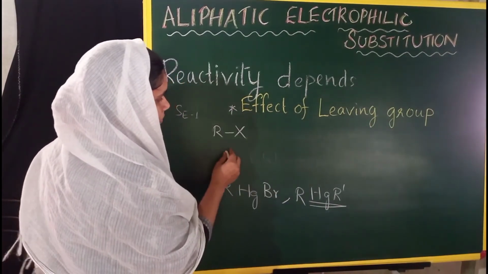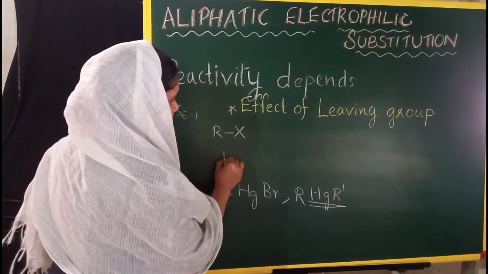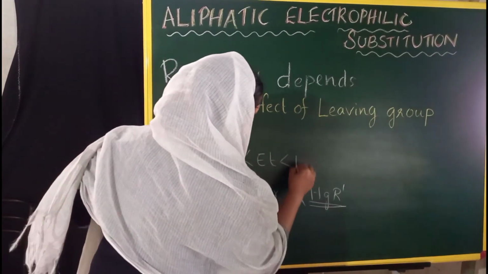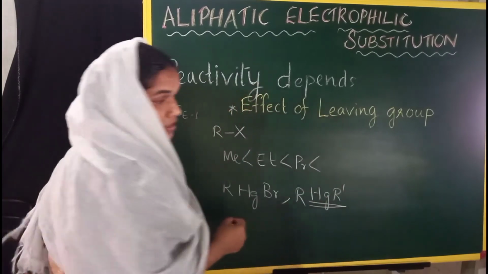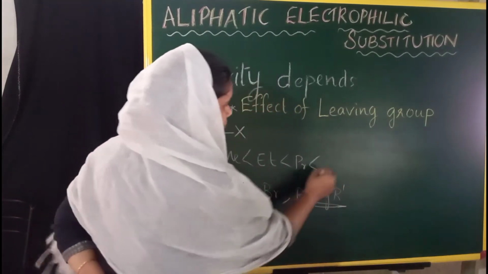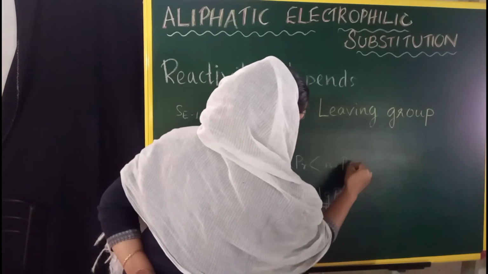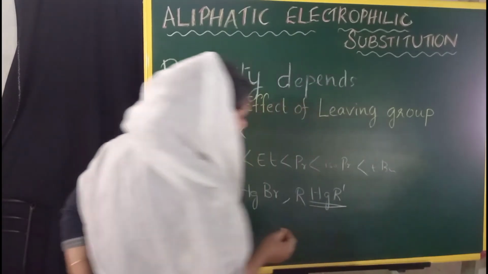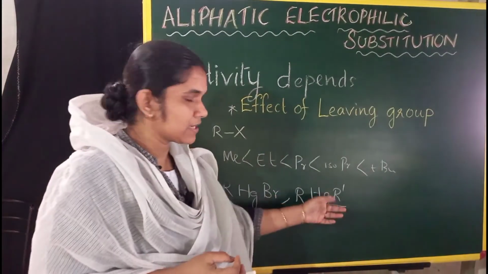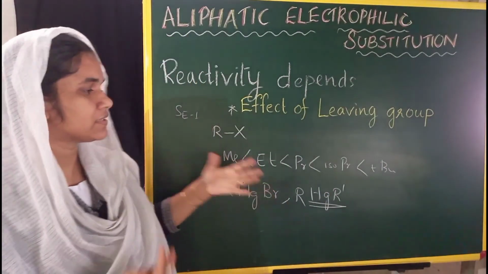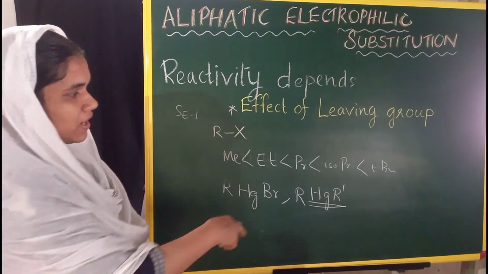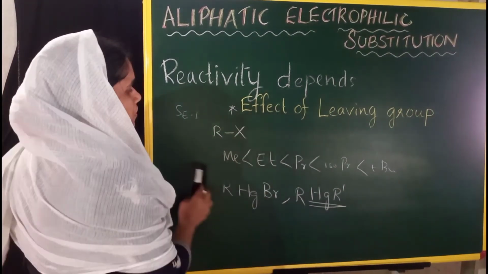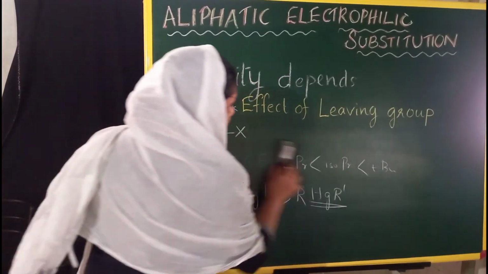The least reactive will be the smallest one, Me, then Et, then propyl, then isopropyl, then tertiary butyl, etc. As the branching increases, the positive charge is dispersed over this R group, so the reactivity also increases. So that's about the reactivity order.